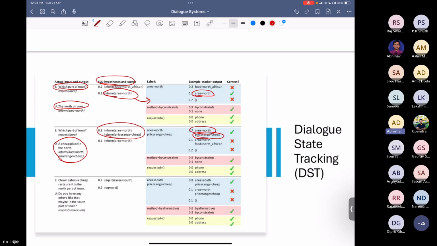Sir, in here there is some correct and wrong marking. When the next slot gets updated, does it mark the previous one as wrong, or what is this sign here? I think this is labeling information.